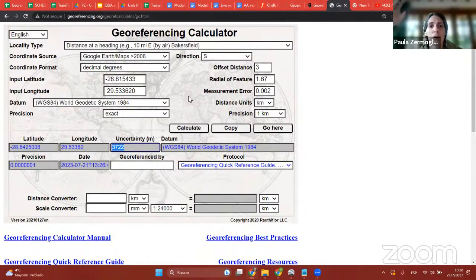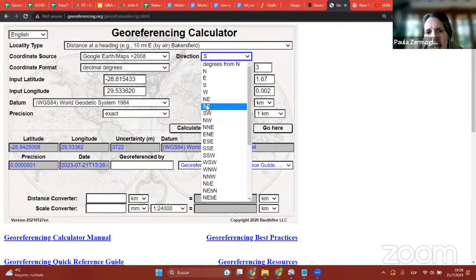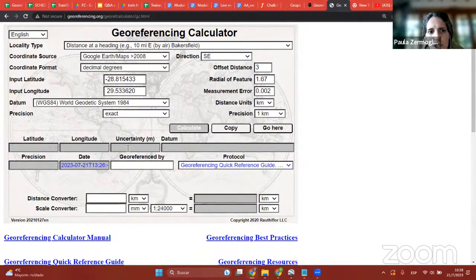Before, we didn't know 3 kilometers to which side of the world. In this case, we have a particular direction. And so we're being more precise, and so we're less uncertain. The uncertainty is smaller. Perfect. So if the direction was more specific still, and instead of saying south, it would say southeast, the uncertainty will be smaller still because we're narrowing down the direction.